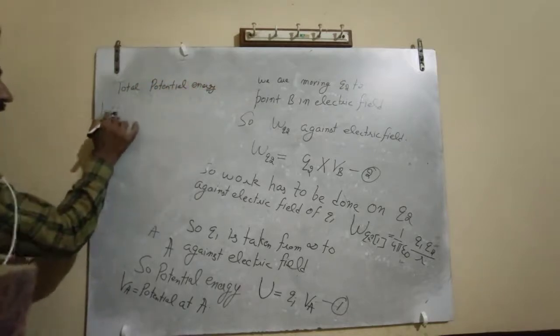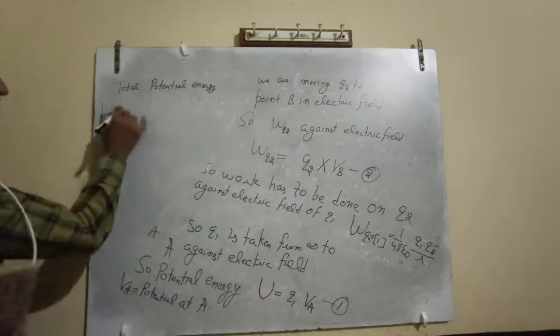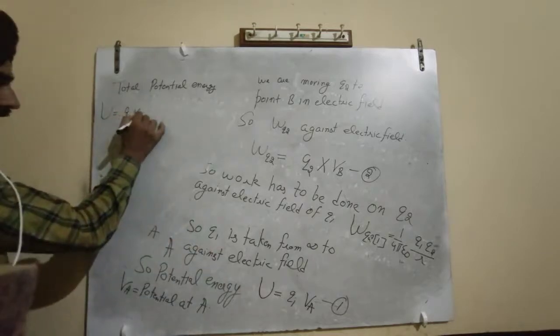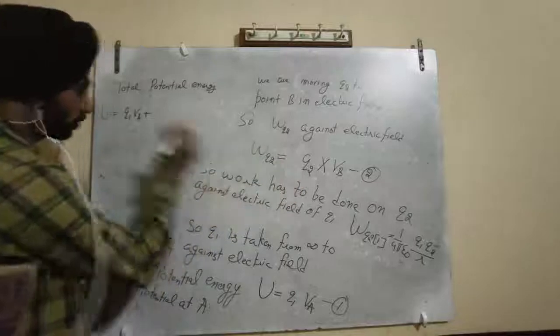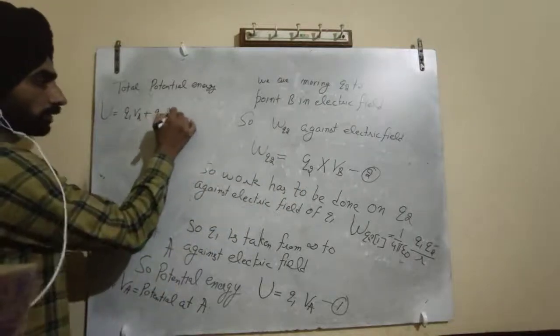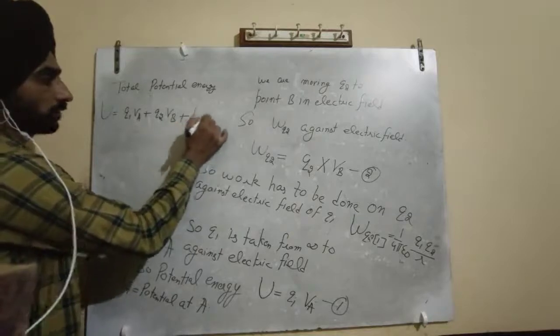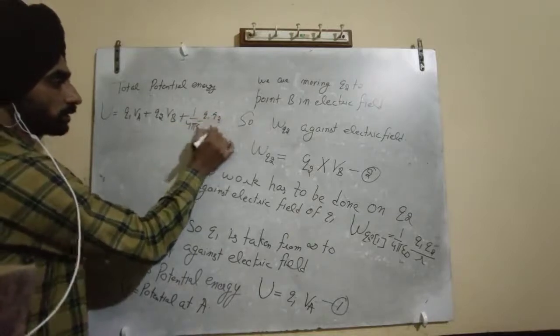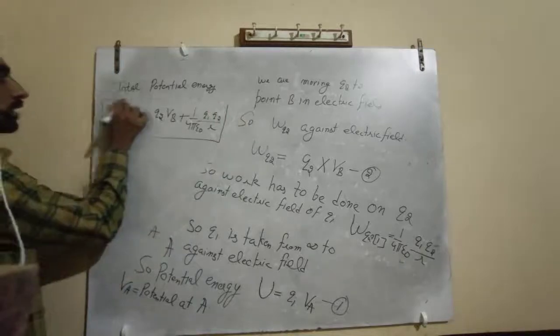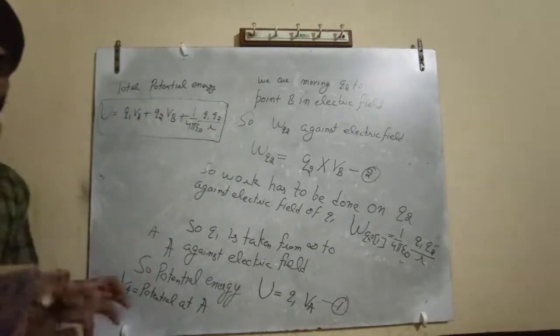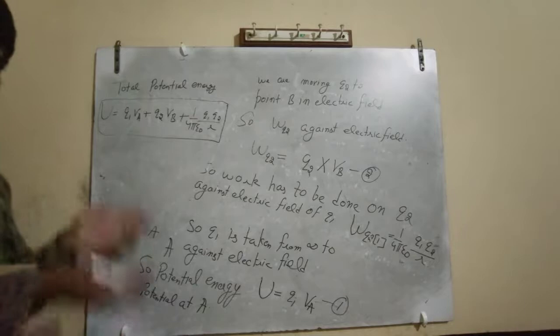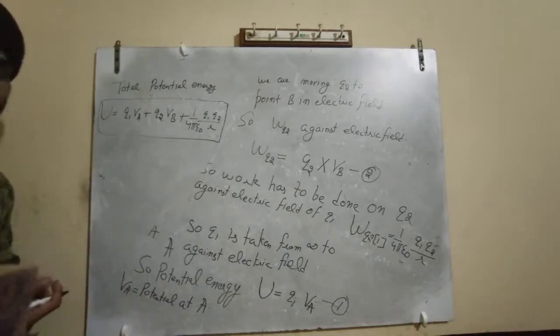So the total potential energy U is equal to Q1 VA, this is the first potential energy, and Q2 VB, plus 1/4 pi epsilon naught, first charge, second charge, distance between both charges. So this is the total potential energy of a system of point charges placed in an external electric field.